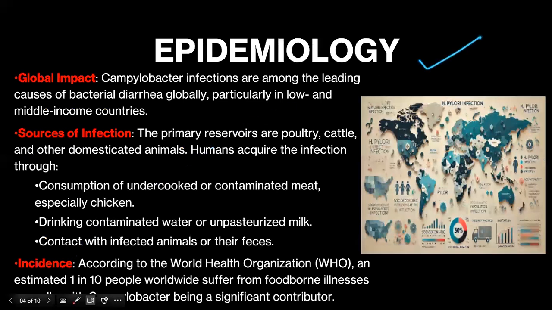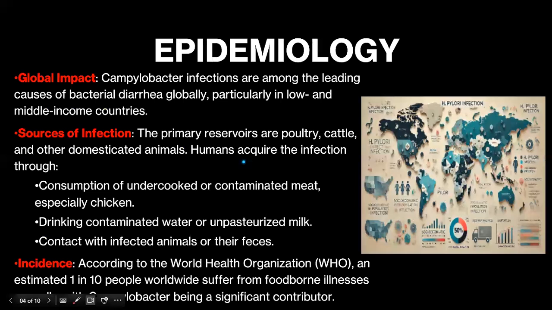Next, if we talk about the epidemiology, global impact: Campylobacter infections are among the leading causes of bacterial diarrhea globally, specifically in low and middle income countries. Source of infections: primary reservoirs are poultry, cattle, and other domesticated animals.